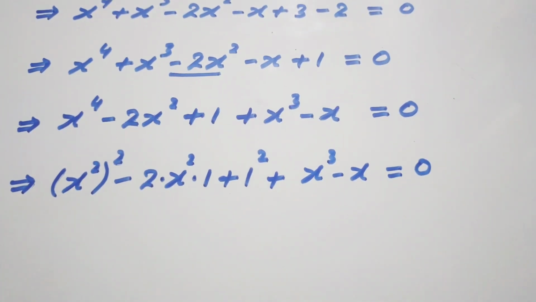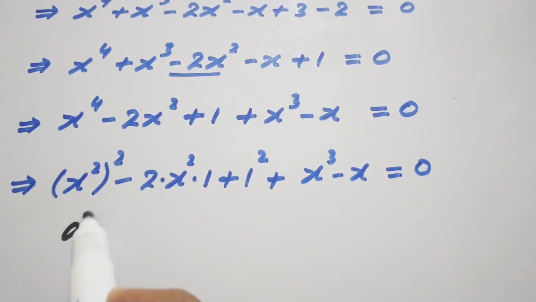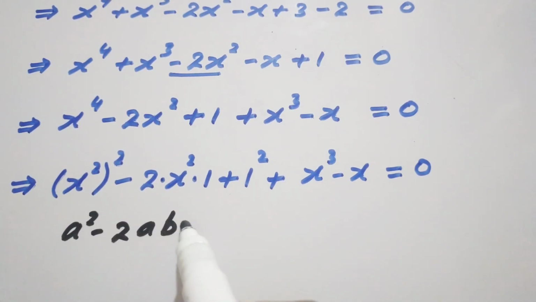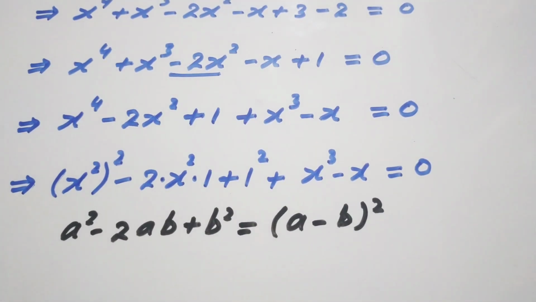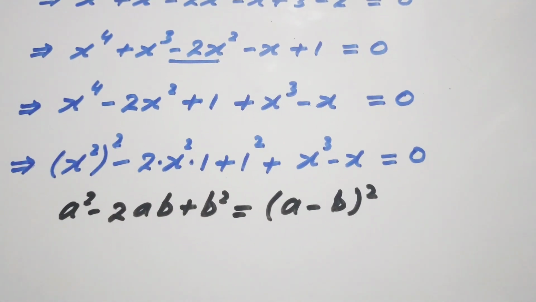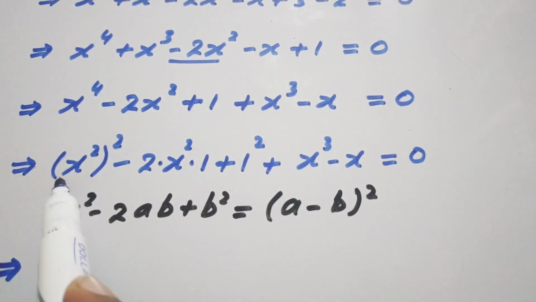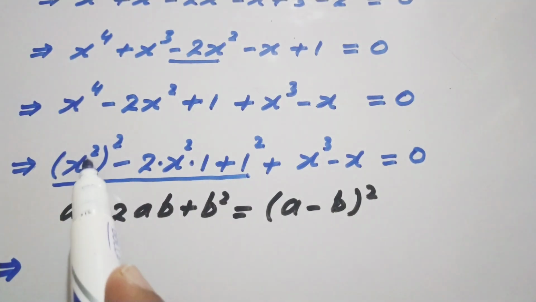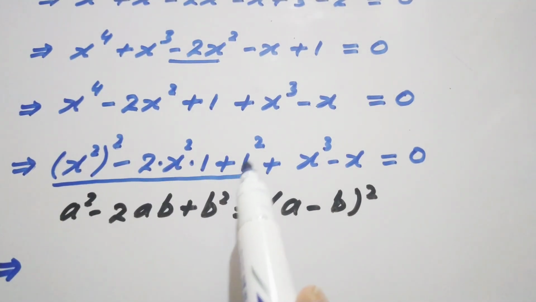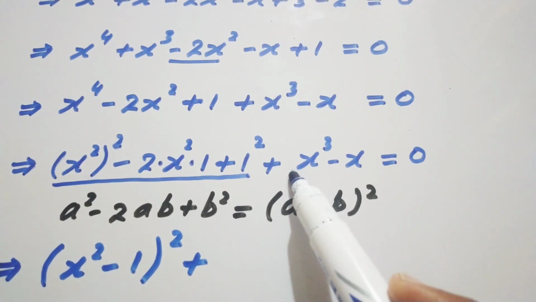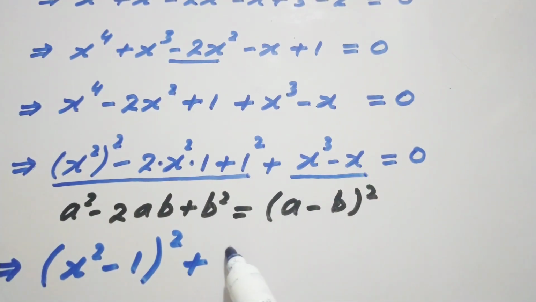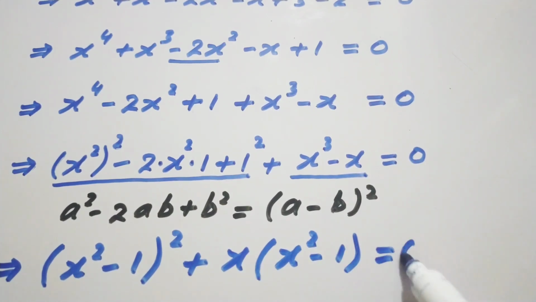Now by using algebraic identity a squared minus 2ab plus b squared, which is equal to (a minus b) whole squared, here (x squared minus 1) whole squared, plus we will take x from these two terms as common, and inside the bracket x squared minus 1 is equal to 0.